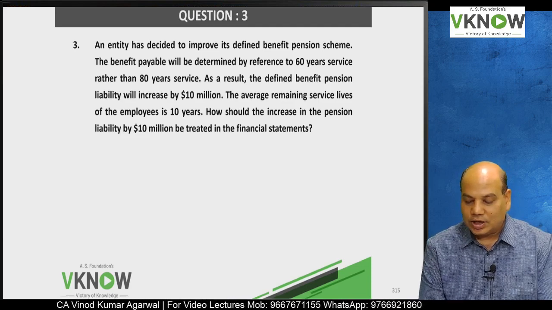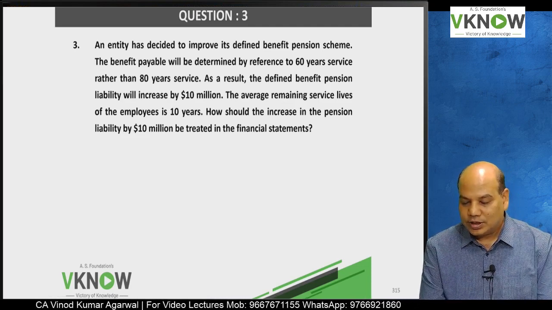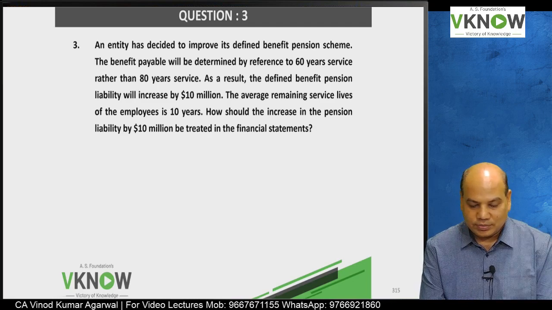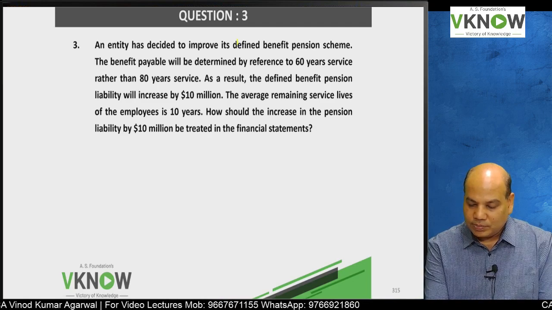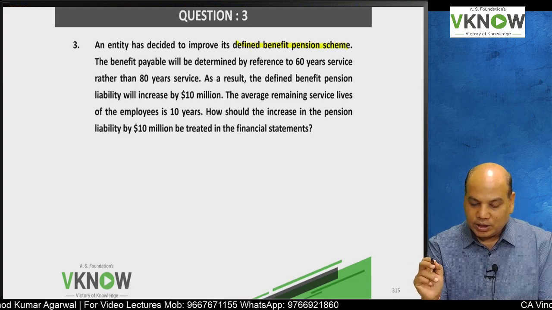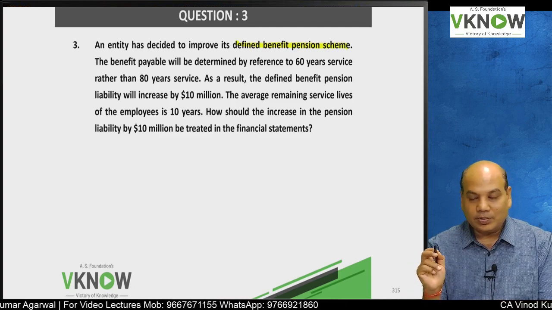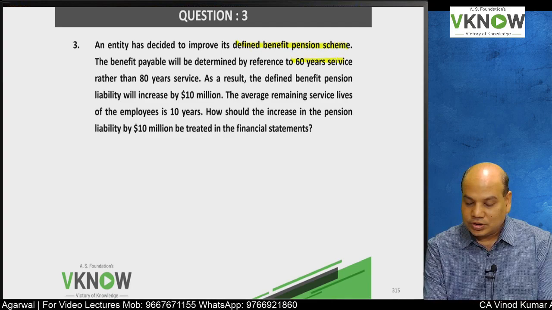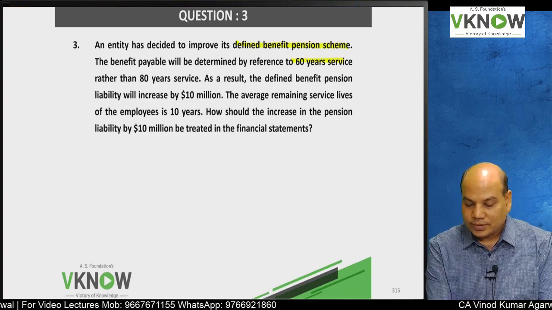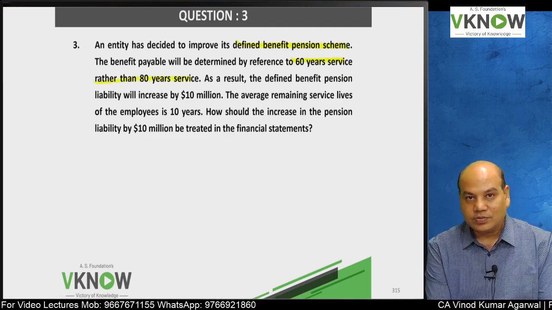An entity has decided to improve its defined benefit pension scheme. So this is a defined benefit scheme. The benefit payable will be determined by reference to 60th of final salary per year of service rather than 80th.